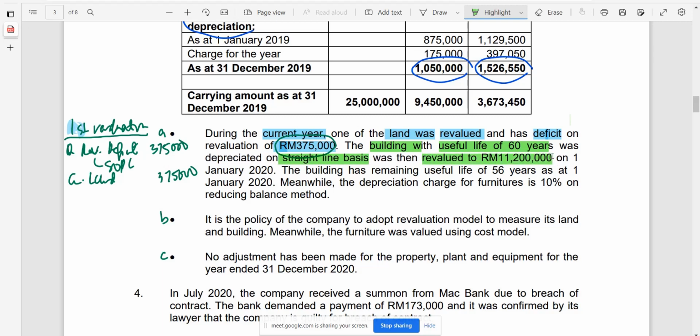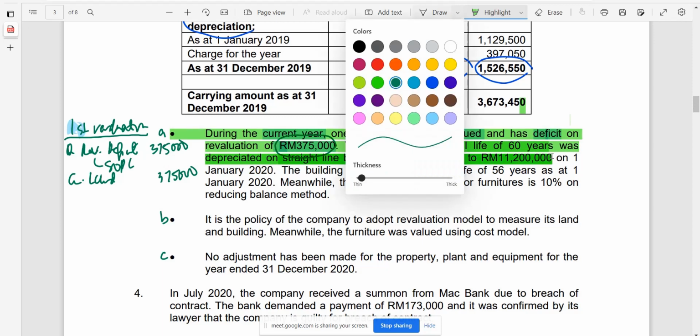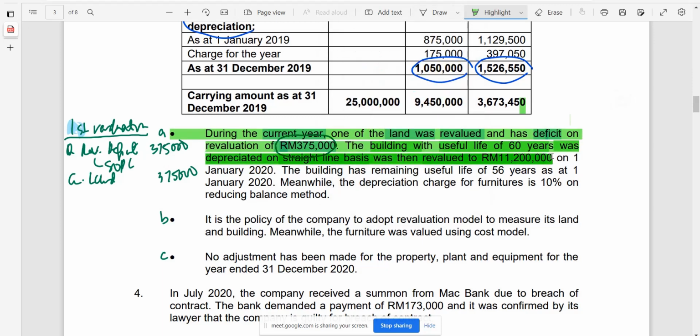So you know that the fair value is 11.2 million, and you need to find out the carrying value on 1st of January 20.